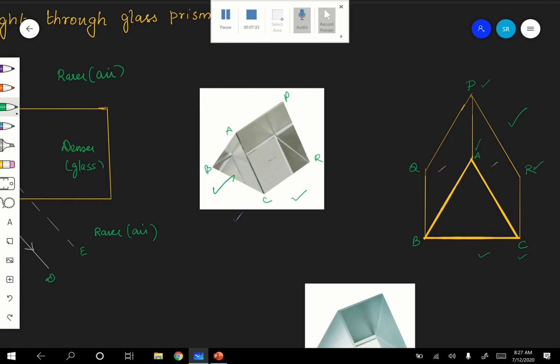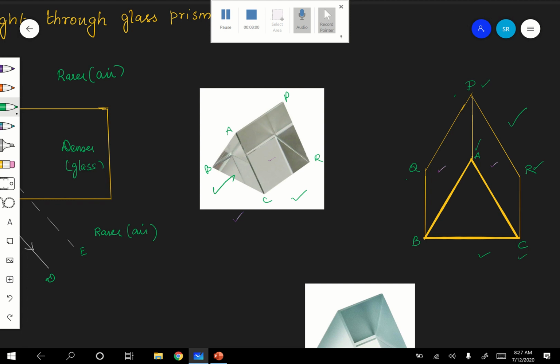This is one plane face. Another plane face is A, B, Q, P. There are two plane faces now. Are you following, children? So here, APRC and ABQP.